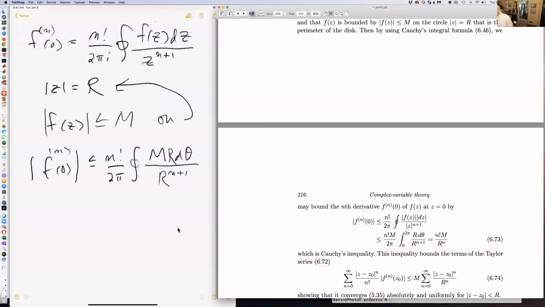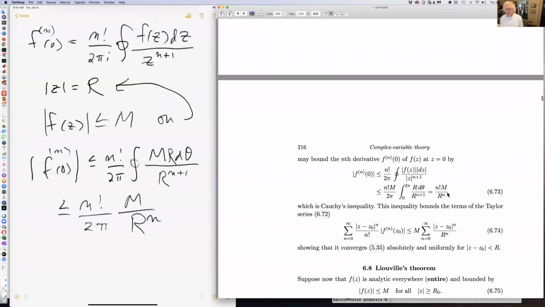And so this is less than or equal to n factorial times M divided by r to the n, and that's this equation here. And that's Cauchy's inequality.